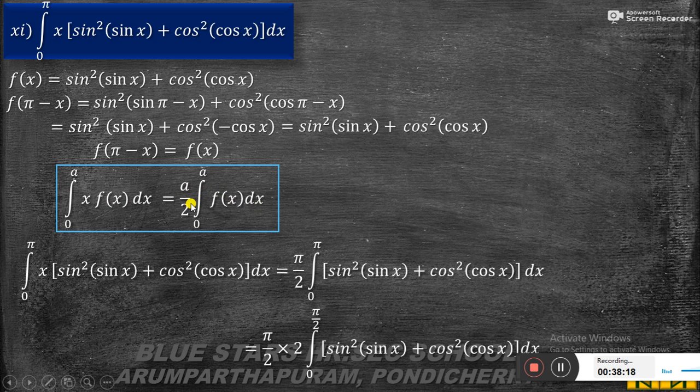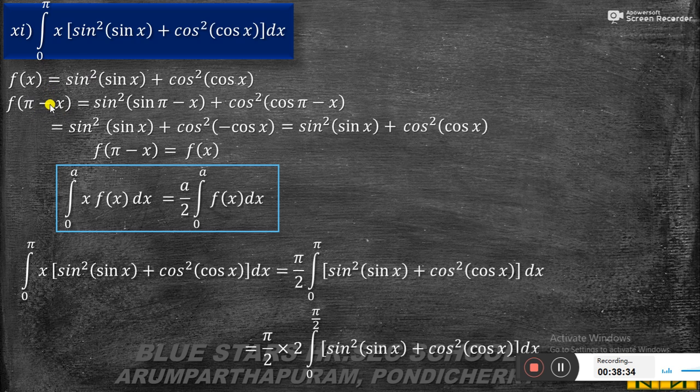This property is true when f of a minus x equals f of x. So we check it. Here a equals pi, so I substitute f of pi minus x.